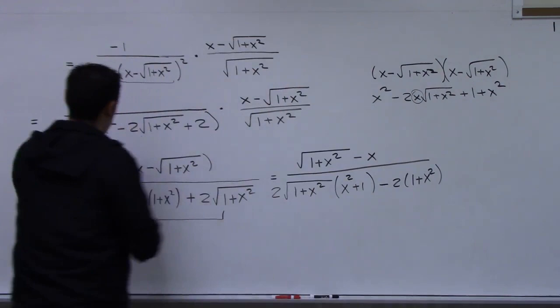Okay, there's the top. On the bottom, since these both have the 1 plus x squared, I'm going to pull it out with this. So I have 2 root 1 plus x squared. I'm pulling out another, I'll put 1 plus x squared instead of x squared plus 1. And then what's left? Okay, well, I took out this thing, right?